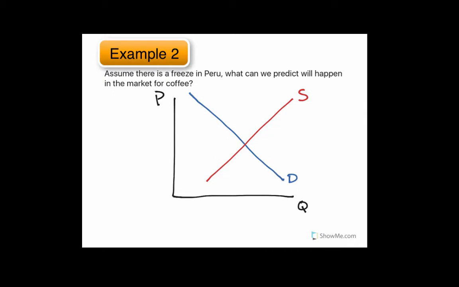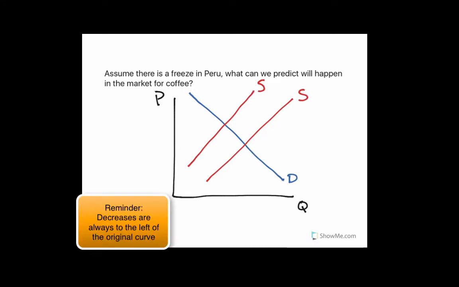So here we have the market for coffee, and it says that there's a freeze in Peru. So what does that mean? It means the coffee plants froze and there's just less coffee in Peru. So that is a decrease in supply. And just remember that a decrease in a curve goes to the left and an increase goes to the right. It can get confusing when you think about up and down because they're opposite for supply and demand.